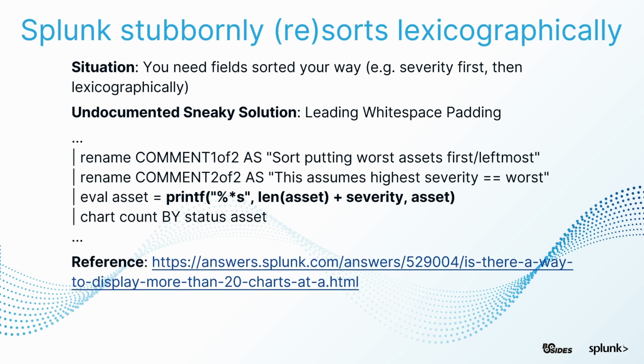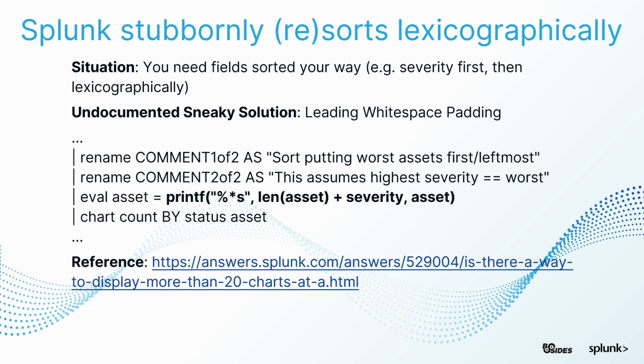So red is going to be 3, yellow is going to be 2, green is going to be 1. Our eval line 3 there is going to add 3 spaces in front of the reds. And then within those, all of them that have the 3 spaces, those will be sorted lexicographically. And then 2 spaces for yellow and 1 space for green.